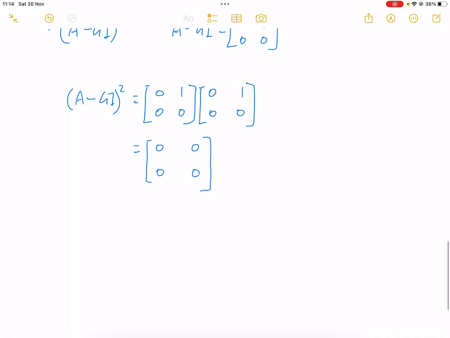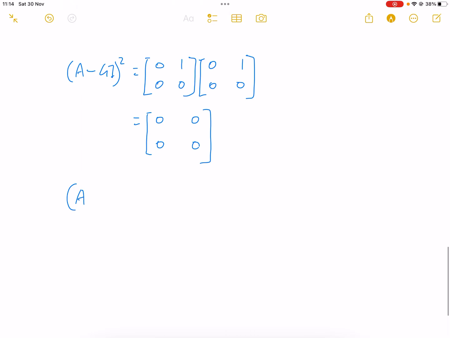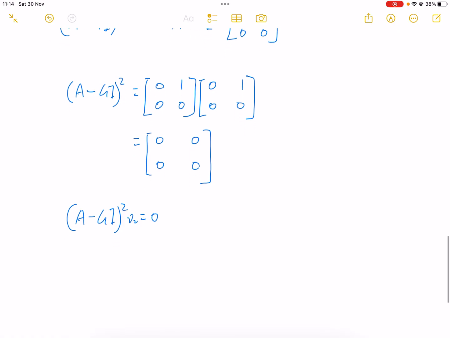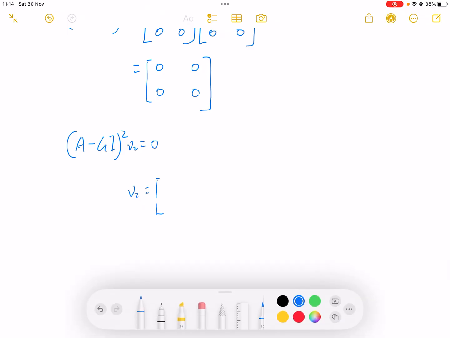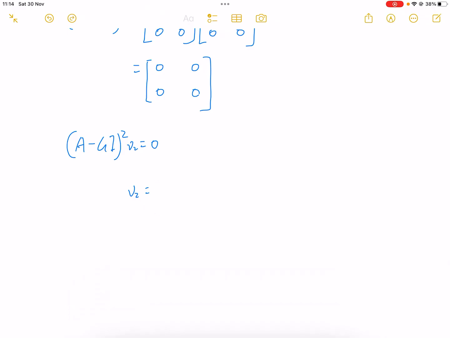So we need to solve (A minus 4 times the identity matrix) squared times v2 equals 0, which gives us the generalized eigenvector (0, 1).